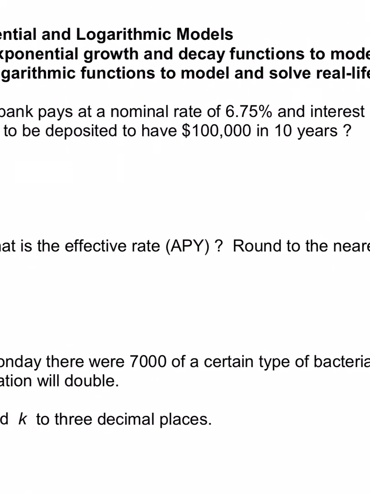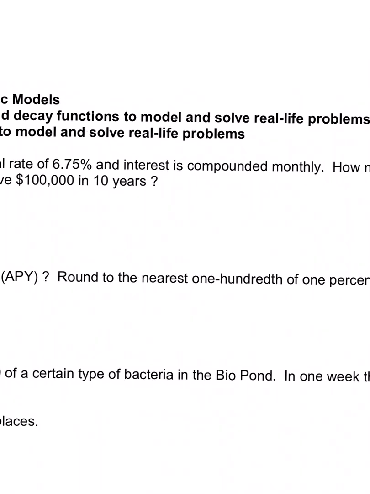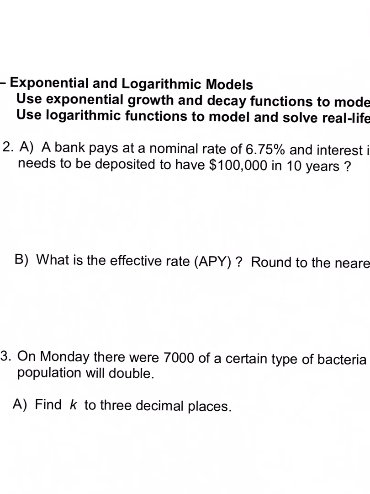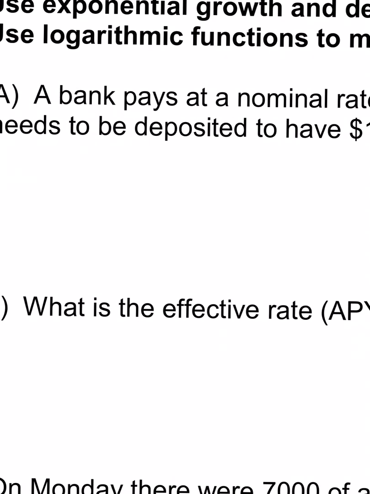Within these problems, they're always going to give you pretty much all the information except for one of the variables. Not always. We'll look at cases where it's not. Those are two-step problems. But we have r, we have n is monthly. How much needs to be deposited? So that gives away right there that we're solving for P. We don't have P. So A is $100,000.